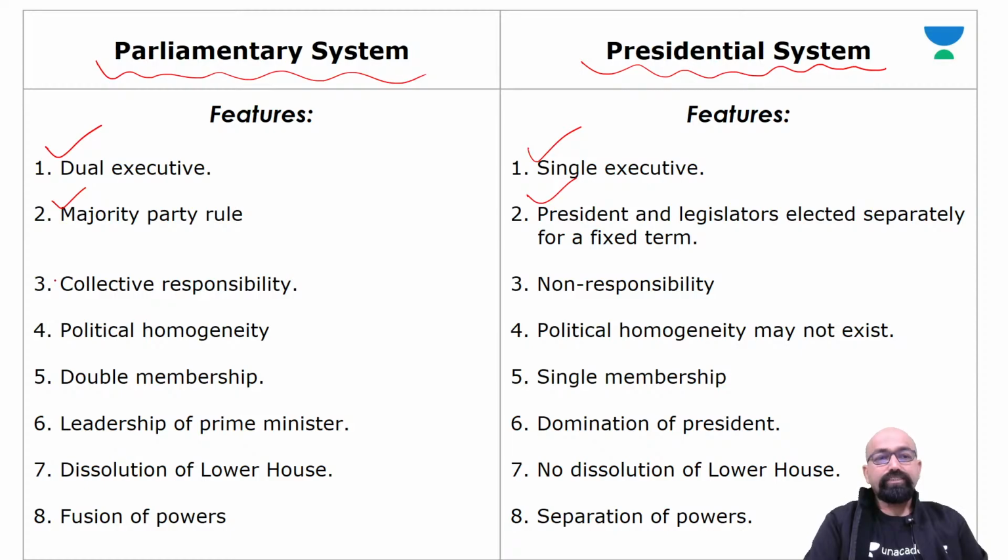In parliamentary system, it's collective responsibility, whereas presidential system is non-responsibility. Political homogeneity is the feature of parliamentary system, whereas political homogeneity may not exist in presidential system.